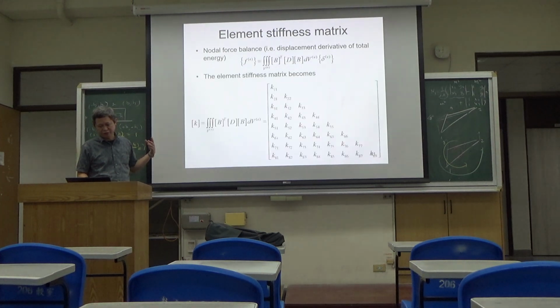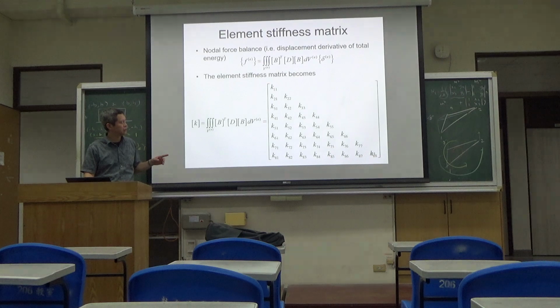And then if you do the substitution of the expression above, then you're going to obtain the stiffness matrix. Okay, but this thing is very complex. Why is that complex?